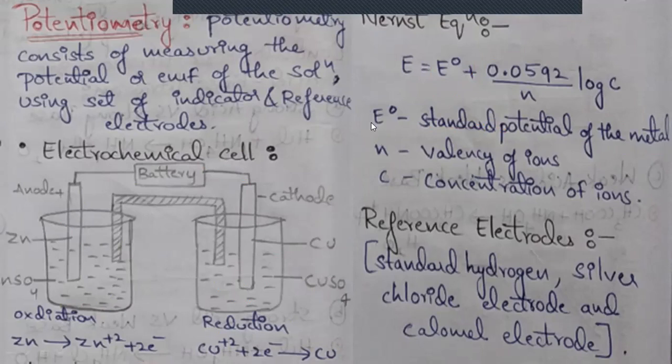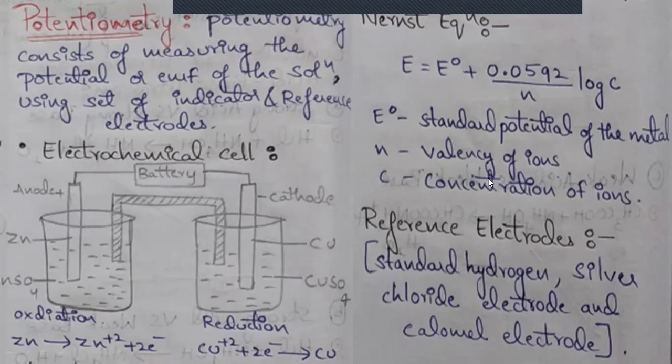At one electrode surface the oxidation takes place, and at another electrode surface the reduction takes place. That means one side is giving the electrons and the other side is taking the electrons. So it is essential that we have two important electrodes: one is the reference electrode and the second one is the indicator electrode, right?